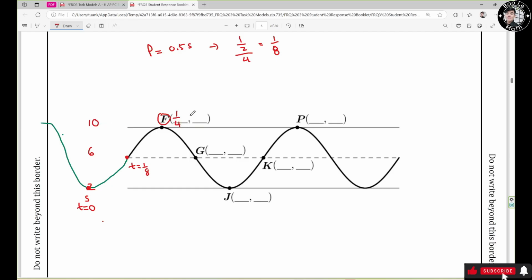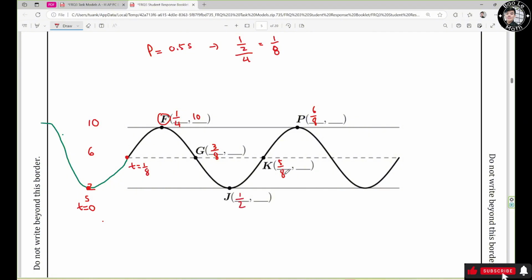And then the height should be 10. Now this one 2/8 plus 1/8 is going to be 3/8. This one is 4/8. This one is 5/8. This one is 6/8. Now you simplify 4/8, which means 1/2, so I put 1/2 right here.